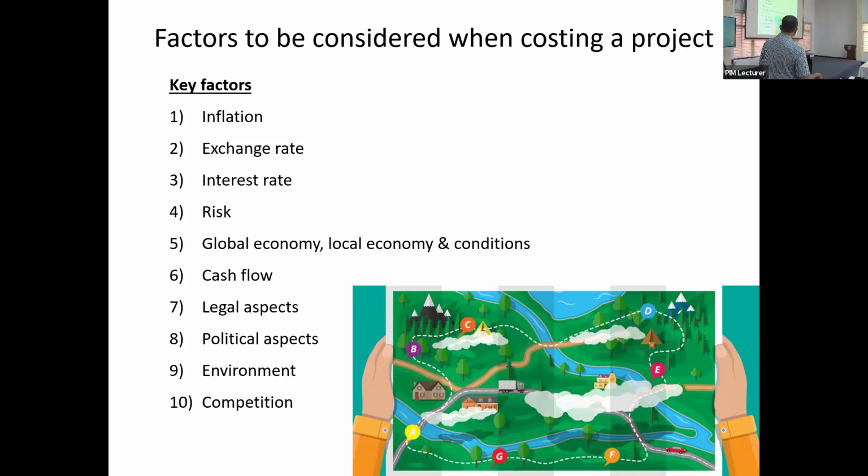Environmental, we discussed last time, how the pricing needs to include extra for environmental. Competitor pricing, how they will price, you wouldn't know. They will always undercut you. And so on. There are a lot more things, but these are some of the factors you will need to consider when doing pricing.